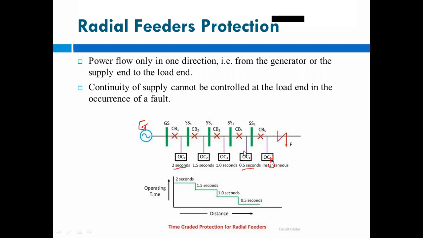So what is actually this system? Here in this system there are different sections, we can say. There is a generating station, and from the generating station up to the load point there is a single line, means supply is in only one direction.